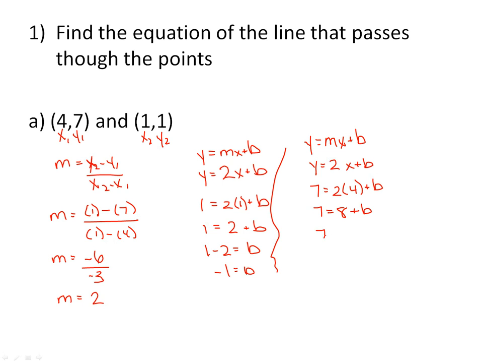I bring the 8 to the other side, and I find, yes, as I suspected, b is still equal to minus 1. So now that I know my slope and b, I can finish the question by writing out my equation where y equals 2x minus 1. And that is the equation of the line that passes through the points (4, 7) and (1, 1).